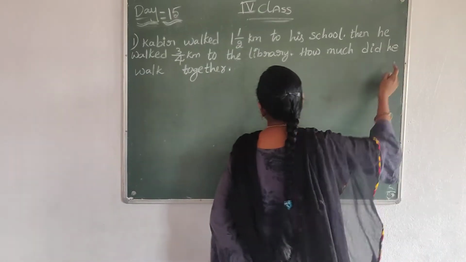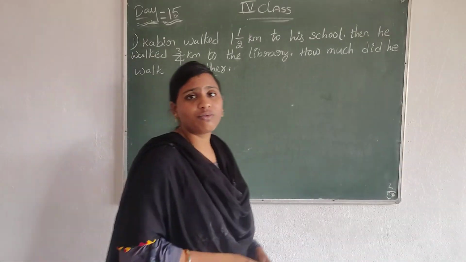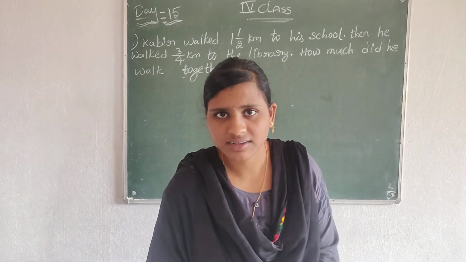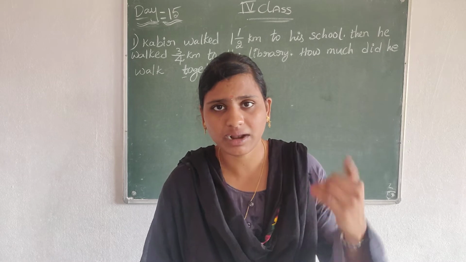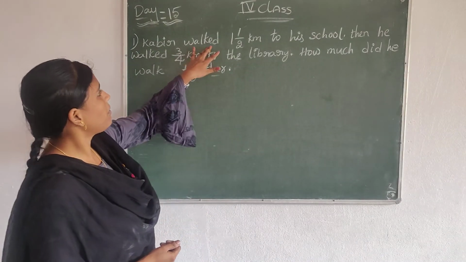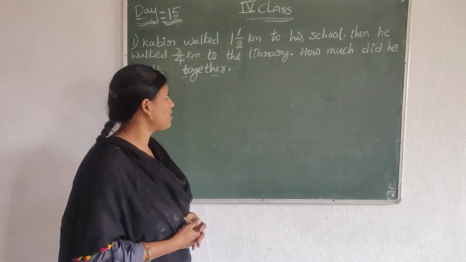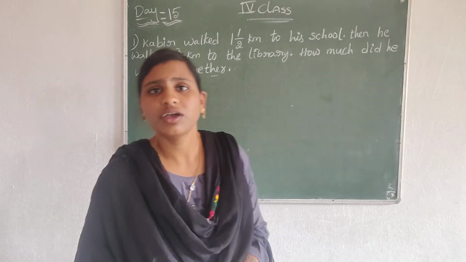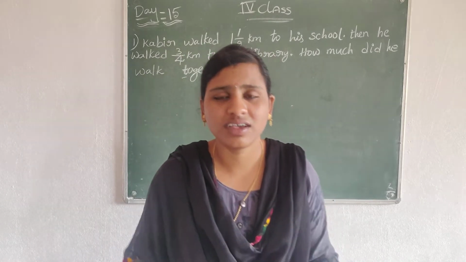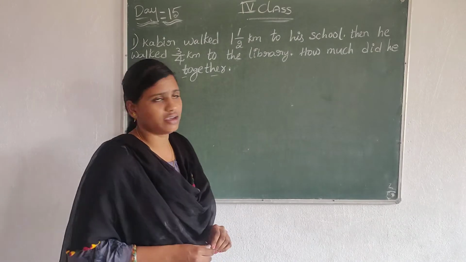How much did he walk together? Together means what do you have to do? Addition, subtraction, multiplication or division. If you add the two numbers, you will get how much distance he walked.